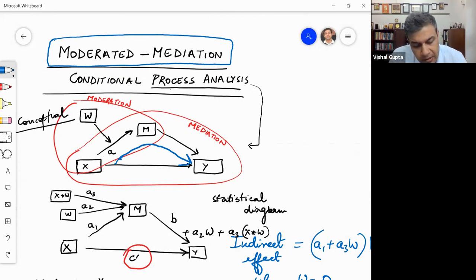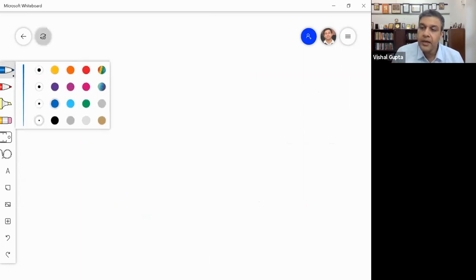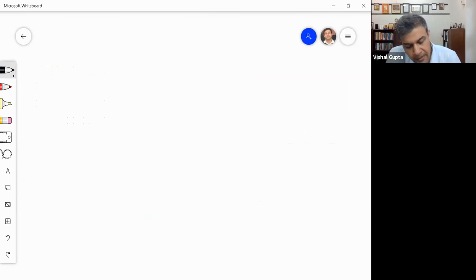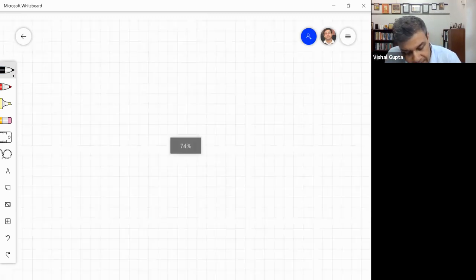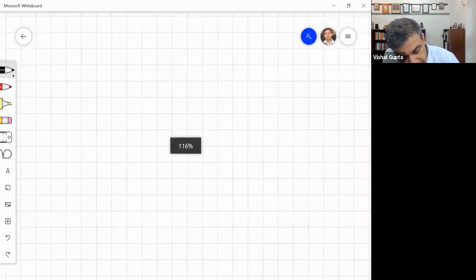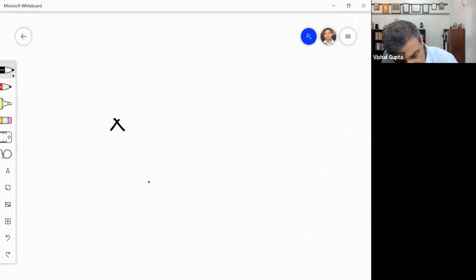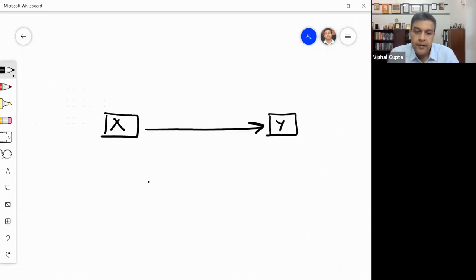So let us look at another example before we take a break, and then we'll come back and do an example. Let's look at this model. I have X, I have Y, and I have this mediator.